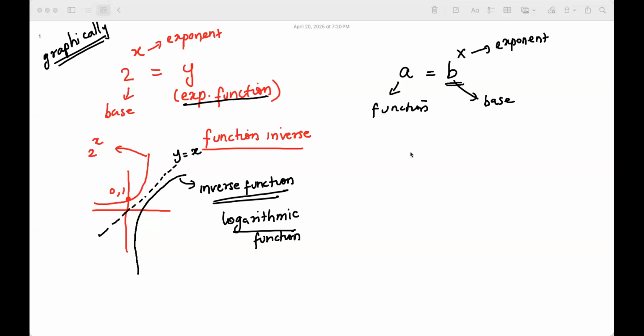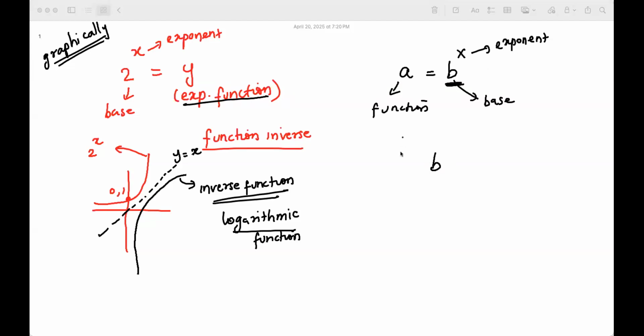All the while, when you're given a cube function, you take the cube root on both sides to convert it to an inverse function. That's how we found it, right? So here, how are we going to change this exponential function to a logarithmic function? See, this is the base. Base always remains the same, whether it is an exponential function or a logarithmic function.